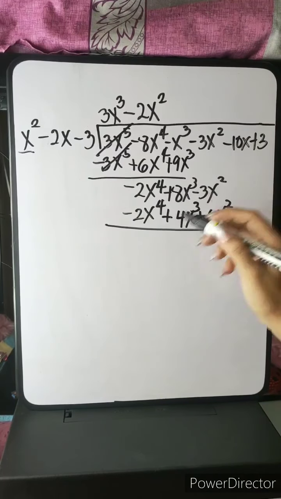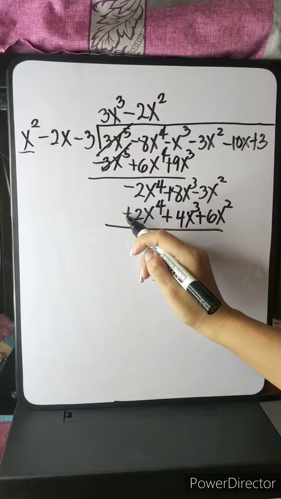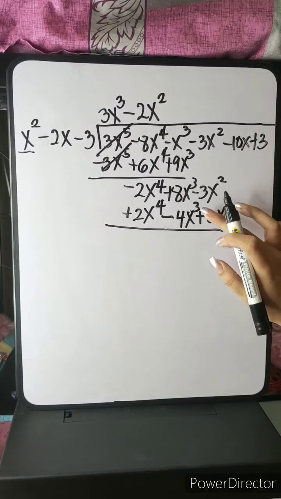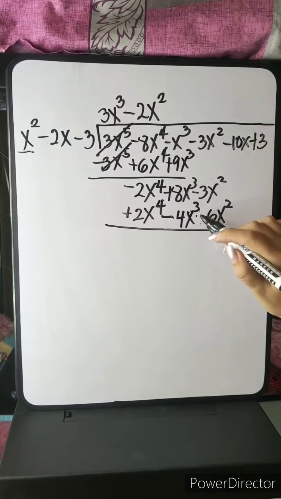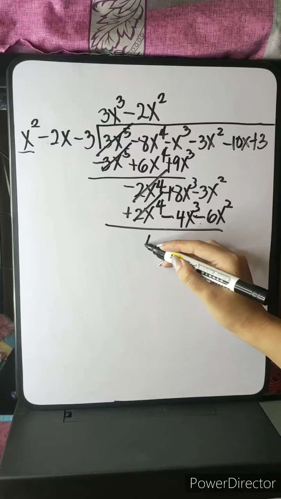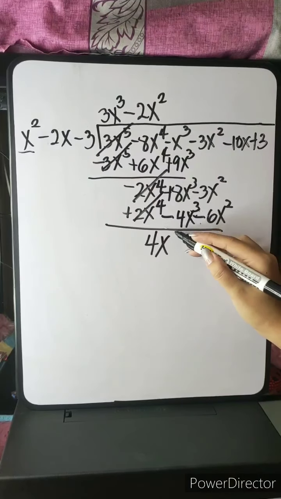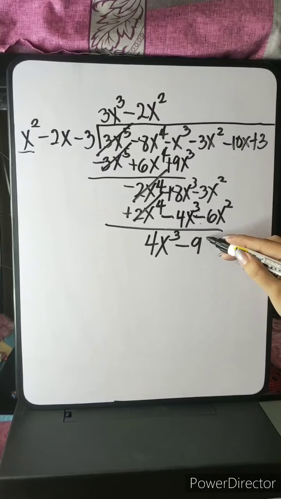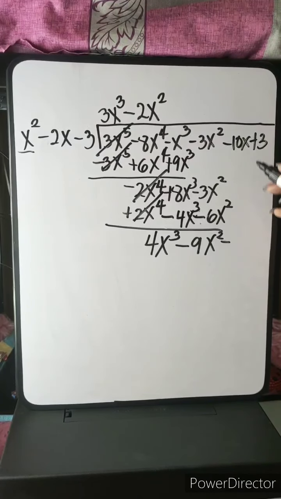And again, when we subtract, change the sign. So, ito ay positive. Ito ay magiging negative. Ito din ay magiging negative. So, unlike sign, subtract. Unlike sign, subtract. Gawin natin magiging 4x cubed. Ito naging same sign, kaya magiging 9x squared. Bring down natin yung bring down natin kanina.